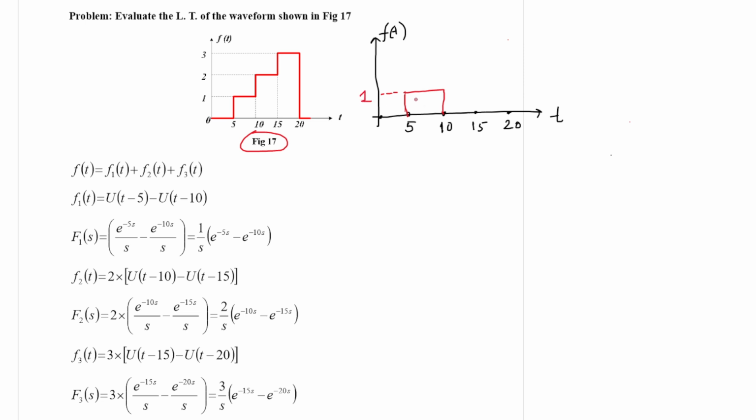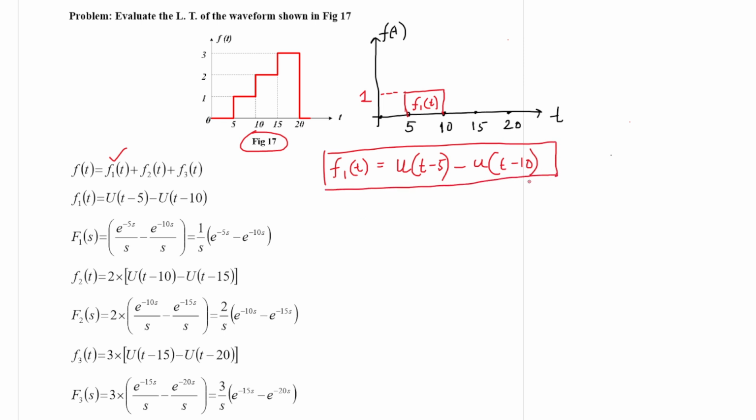So if I represent this function by f1(t), then f1(t) is nothing but u(t minus 5) minus u(t minus 10). So it is nothing but a gate function, right? What a gate function is, we have discussed.